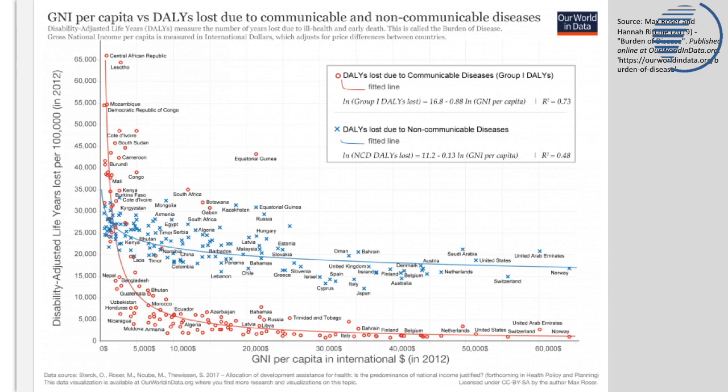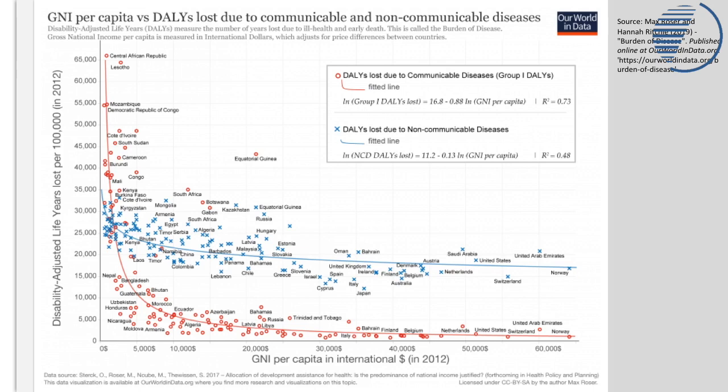You may be able to think about why that is. As countries get richer and move along this trajectory of increasing income, this is often linked to persistent problems with non-communicable diseases, linked to those lifestyle factors which we looked at in a previous video.